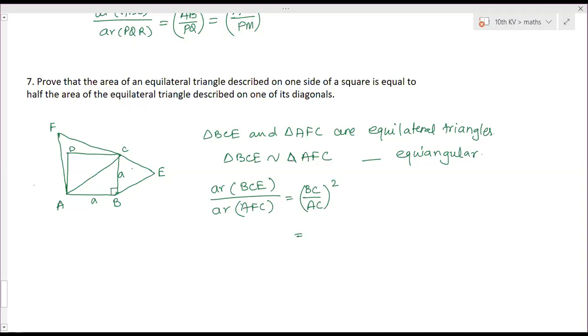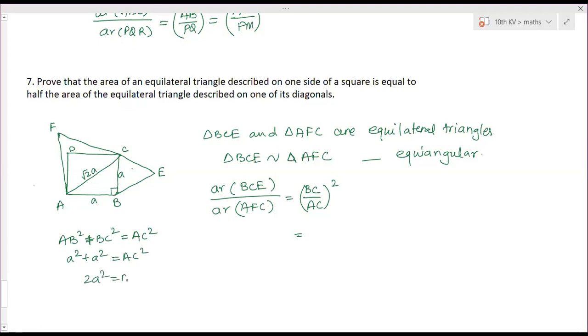So what is the AC value then? AB is equal to BC. AB square plus BC square is equal to AC square. We have to use the Pythagoras theorem for finding the value of AC. So A square plus A square is equal to AC square.